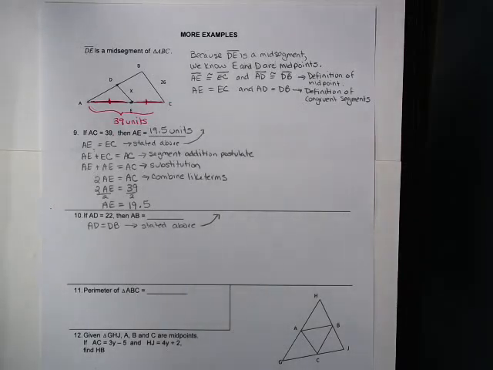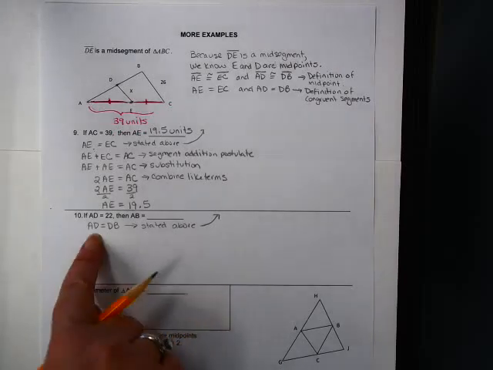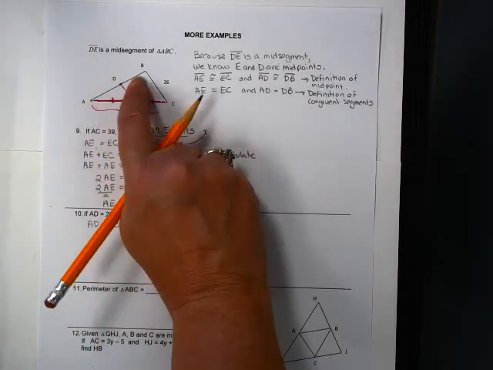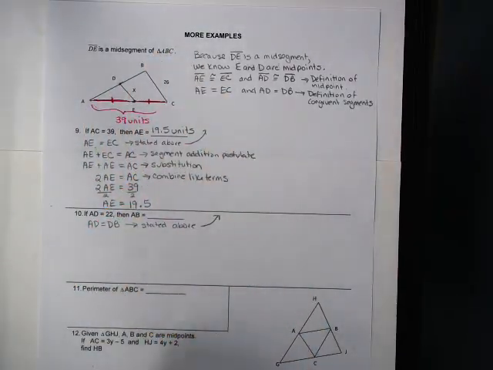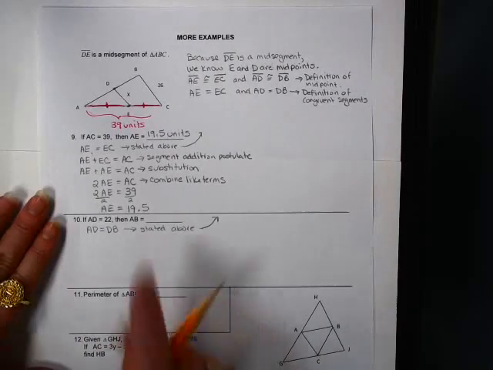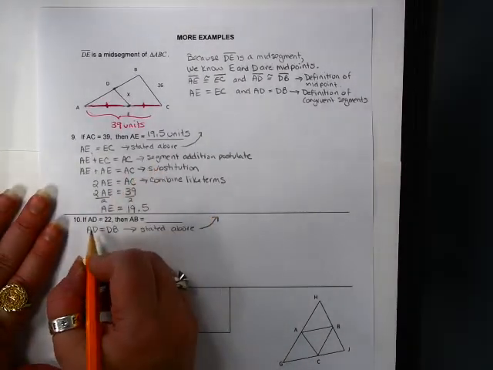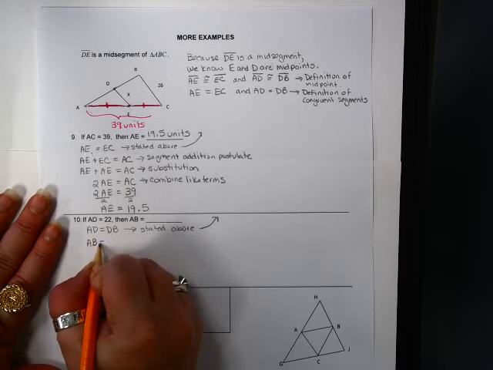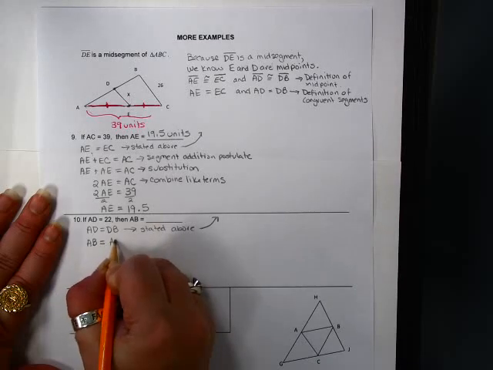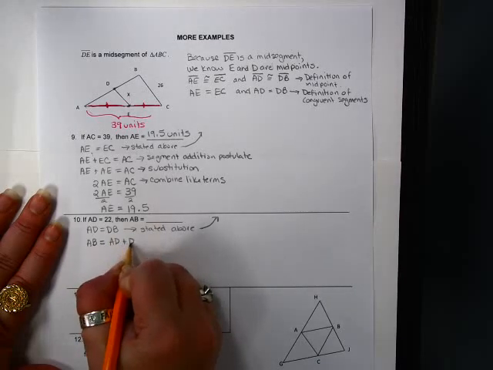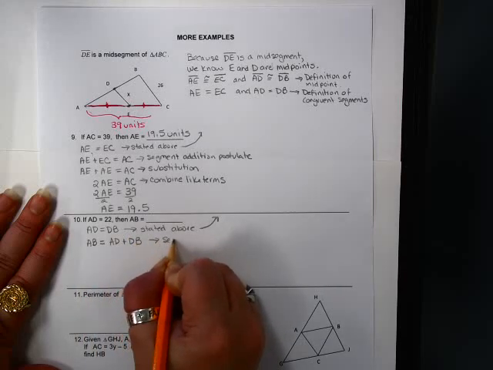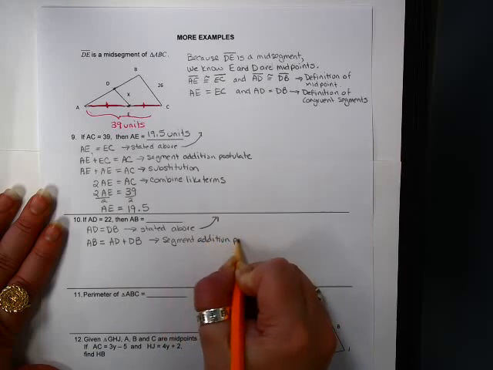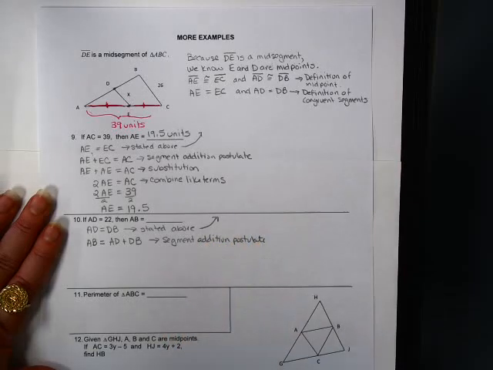We know something about these two, but we want to know about the entire segment, and we don't have anything showing the entire segment. So, just like above, we use the segment addition postulate. AB is equal to AD plus DB.